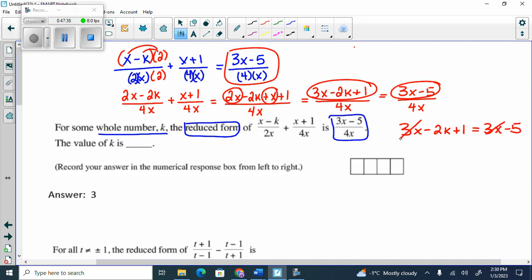Well, the 3x's cancel off. Now I have 2k plus 1 has to equal negative 5. Subtract 1. Negative 2k has to equal negative 6. Divide by negative 2. k equals 3.